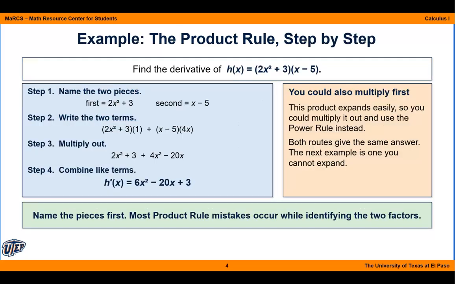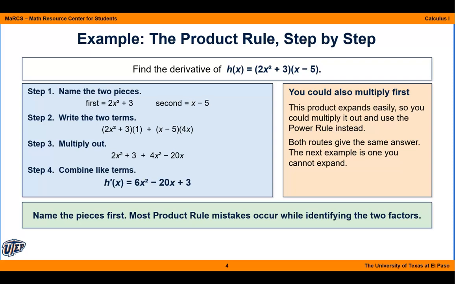Let's apply the product rule step by step. h of x equals 2x squared plus 3 times x minus 5. The first factor is 2x squared plus 3, and its derivative is 4x. The second factor is x minus 5, and its derivative is 1. d dx of 2x squared plus 3 is equal to 4x, and d dx of x minus 5 is equal to 1.